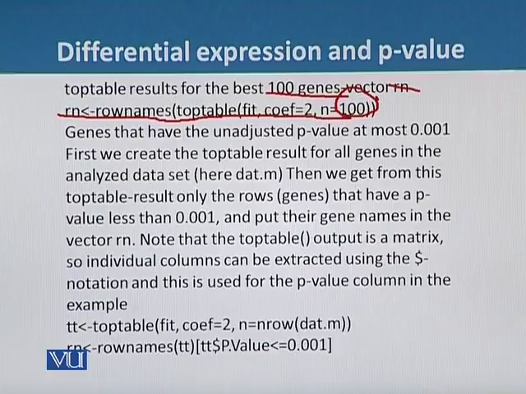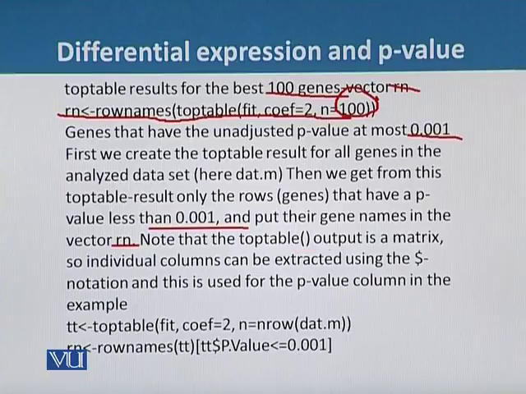Genes that have the unadjusted p-value at most 0.001. First we create the top table results for all genes in the analyzed data. Then we will get from this top table result only the rows that have a p-value of less than 0.001 and put these gene names in the vector rn.